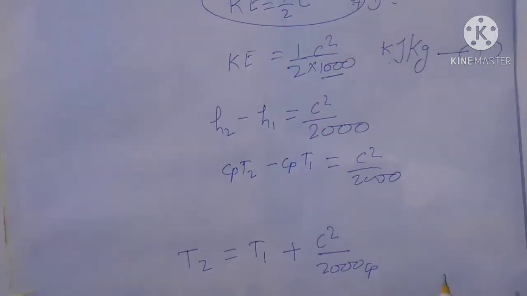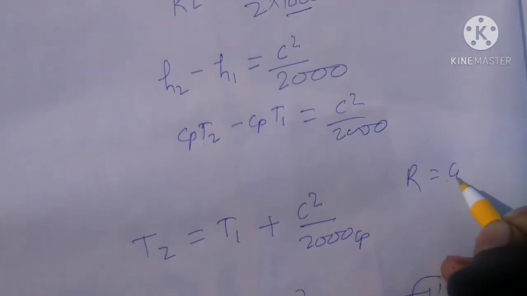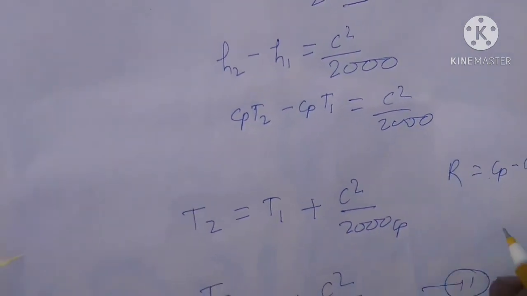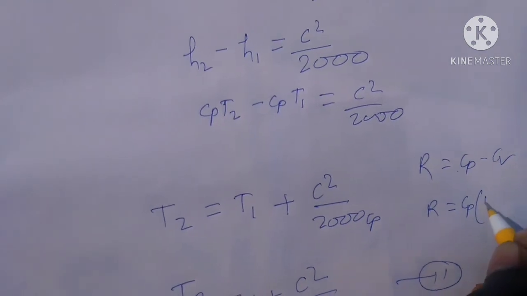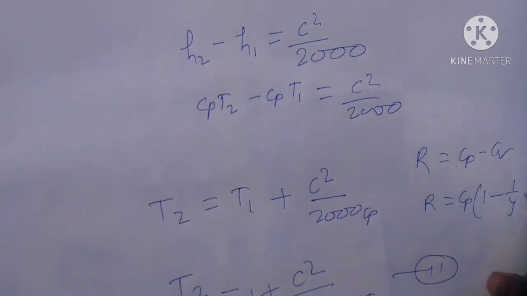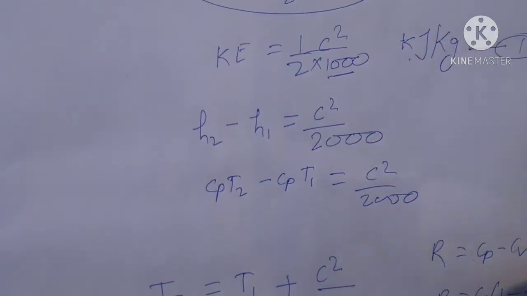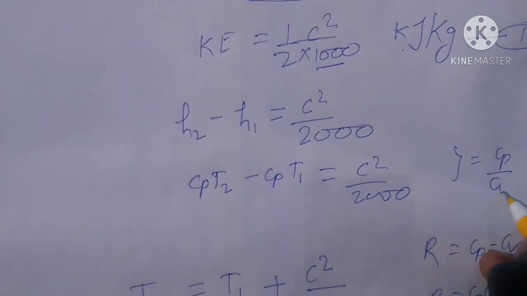You know R equals Cp minus Cv, so R equals Cp times (1 minus 1 over gamma), because gamma equals Cp divided by Cv.